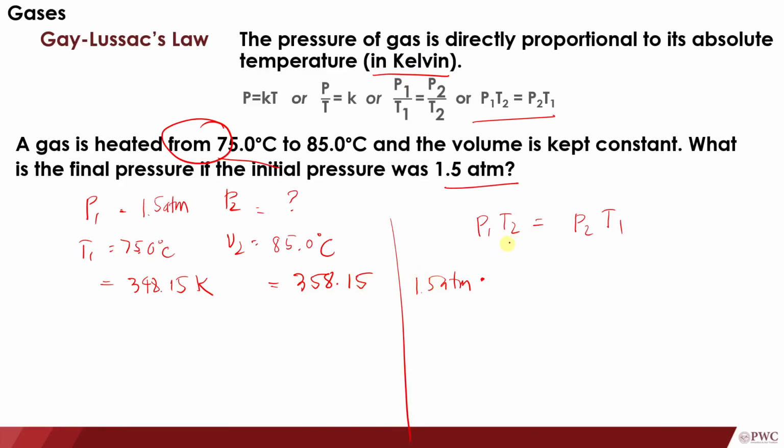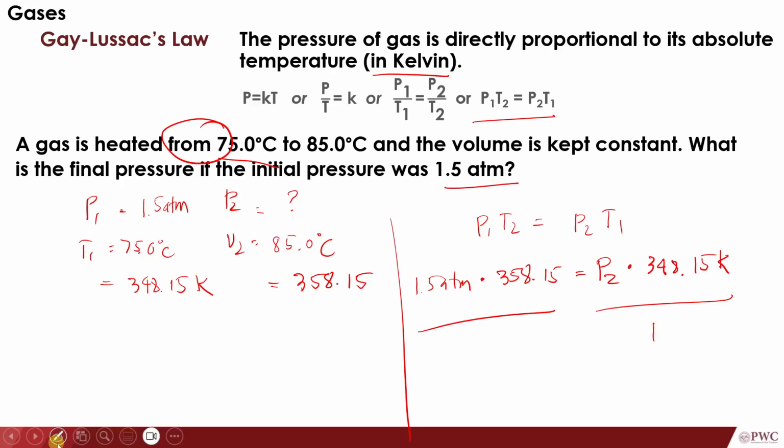So let's go back again. Our T2 is equal to 358.15, our P2 is missing, then our initial temperature is equal to 348.15 Kelvin. And again, we're looking for P2.